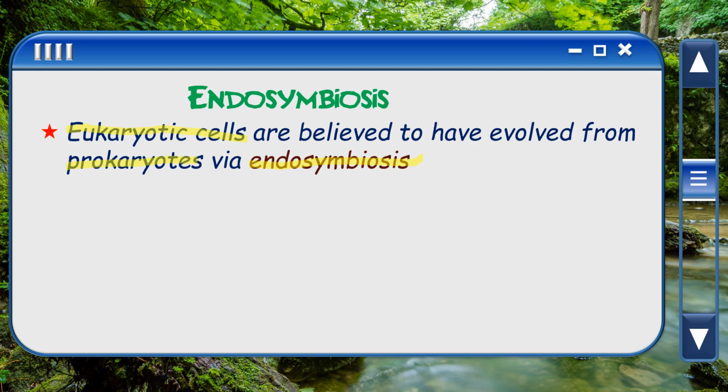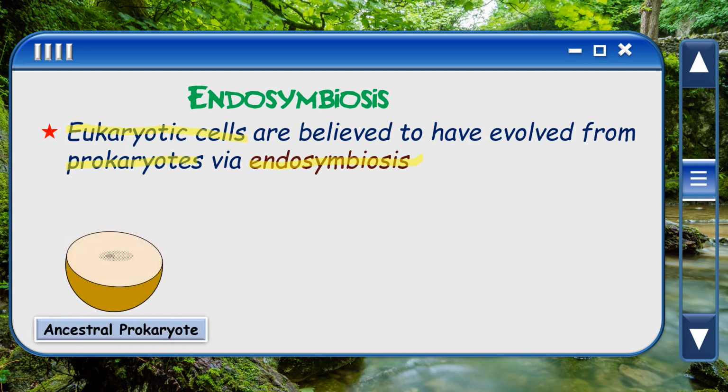And then we have prokaryotes, the cells that lack a nucleus and don't have membrane-bound organelles. So eukaryotic cells are believed to have evolved from prokaryotes by endosymbiosis. Long ago, there was an ancestral prokaryote cell that existed.